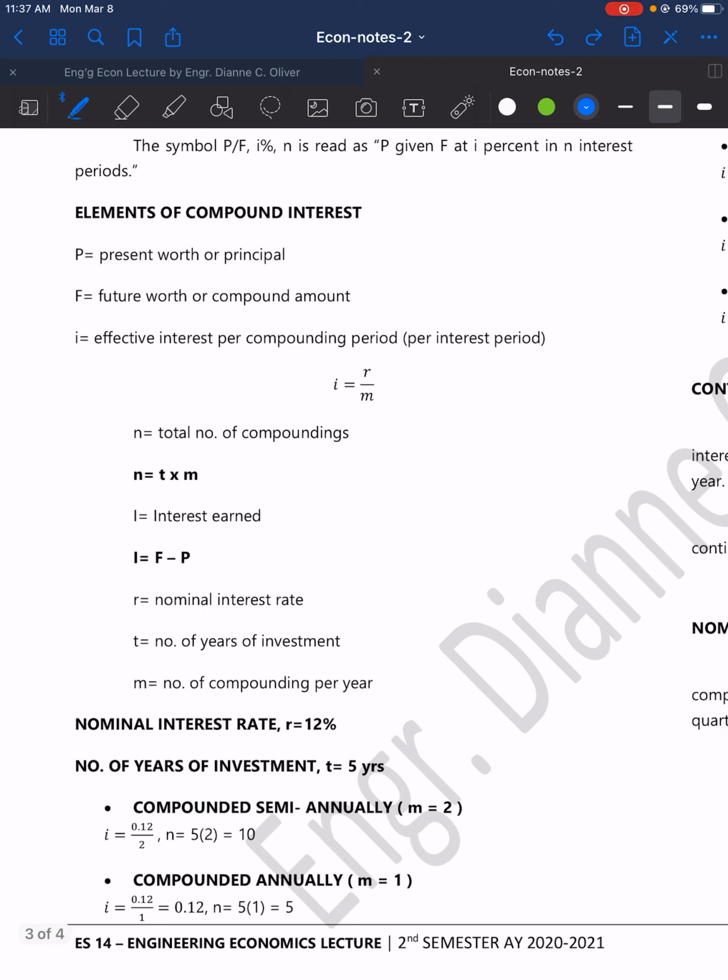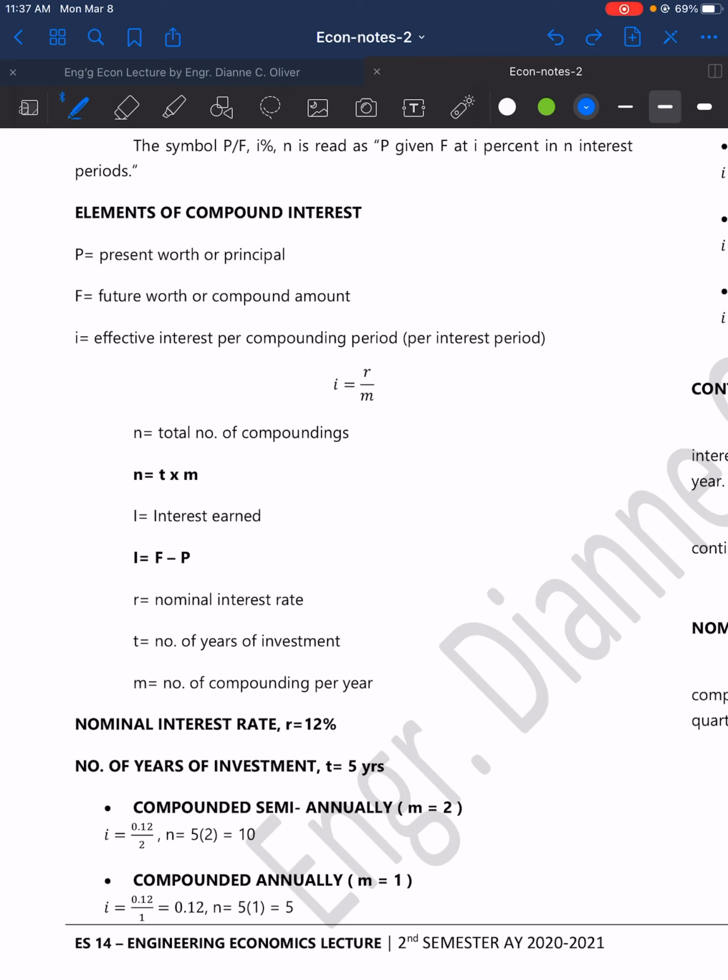Elements of compound interest. The P there is the present worth or the principal amount. F is the future worth or the compound amount. i is the effective interest per compounding period or per interest period, wherein i is equal to r over m. Then we have n, the total number of compoundings.